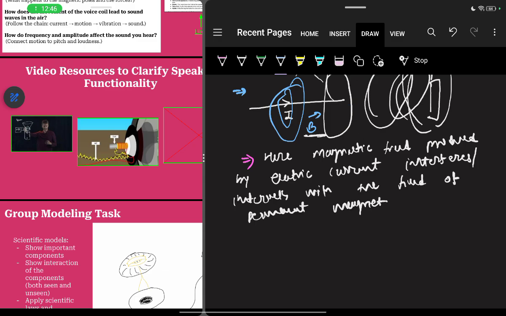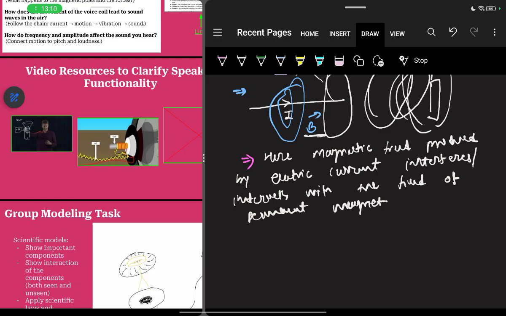Okay, it alters, so it constantly changes the direction. So the magnetic forces rapidly alternate between attraction and repulsion. This causes the coil to move back and forth, very quickly.